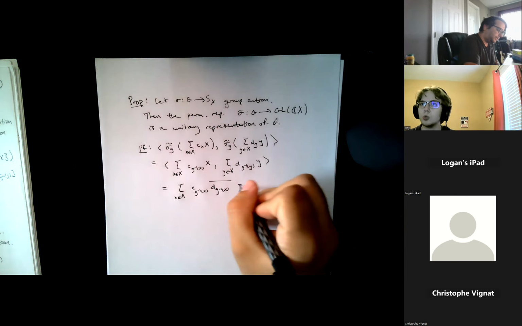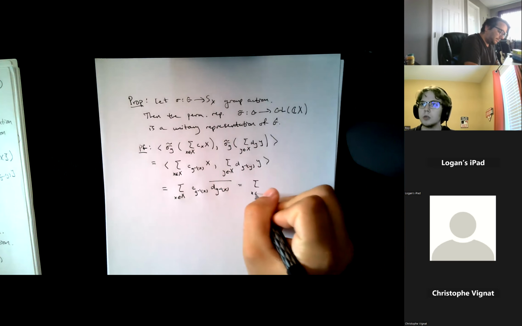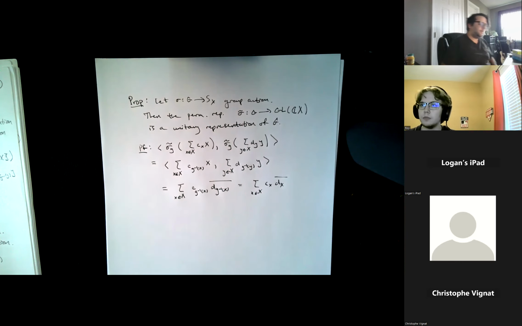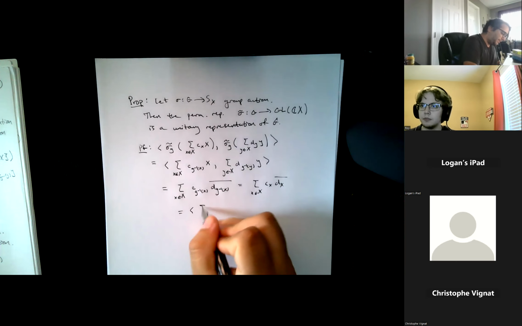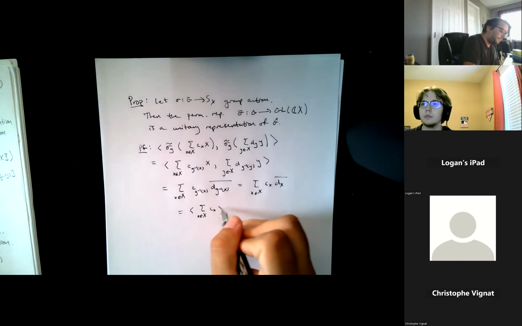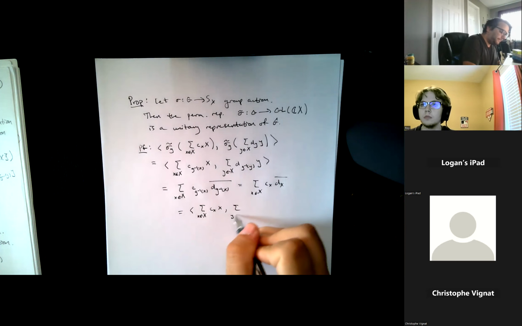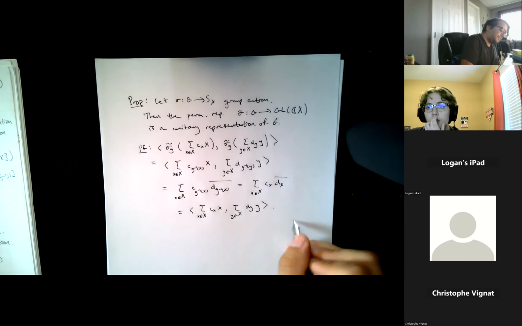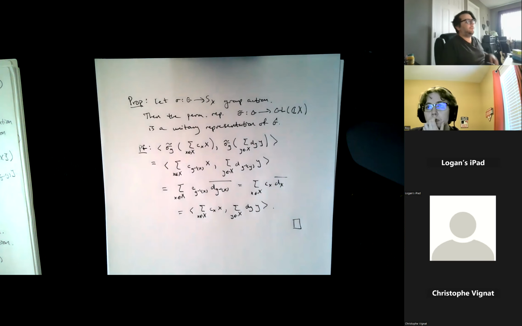And this is equal to this by a substitution. And then finally, this is just the inner product of the first formal sum with the second formal sum. And so the representation must be unitary.